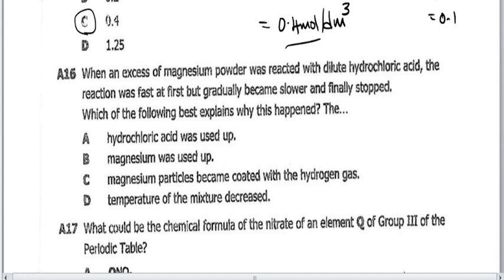So in here, the acid was being used up. So the answer choice A is correct. The best reason is that the hydrochloric acid was being used up, because we are putting in an excess amount of magnesium powder. So every time you put in magnesium powder, the acid is going to be used up.